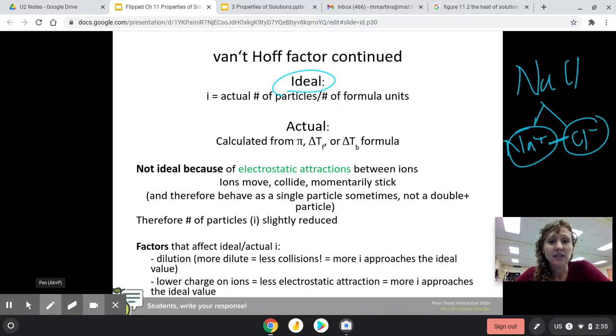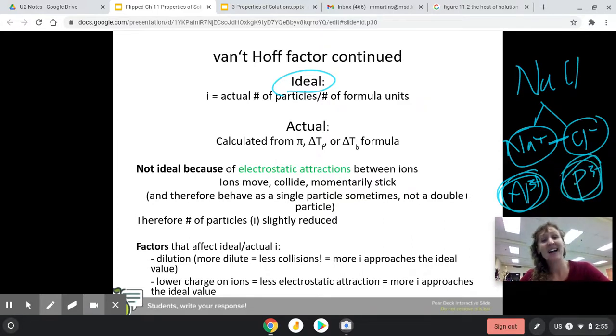A similar circumstance happens as you get ions that are highly charged. Aluminum would be a highly charged ion compared to sodium. So if instead of putting sodium chloride into your solution, you had aluminum chloride, or aluminum phosphide for that matter, these ions are going to attract each other even more across greater distances and probably stick for longer periods of time and act less ideal.